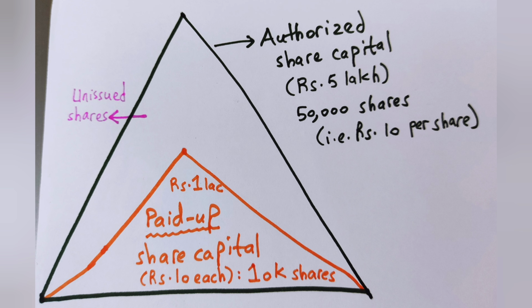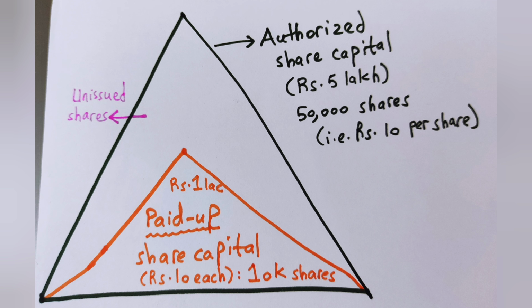So, coming back to our example, 4 of you are starting a private limited company. Now let's say that you want that company to have an authorized share capital of rupees 5 lakh. In your memorandum of association, you're going to mention that this is the authorized share capital that you want your company to have.